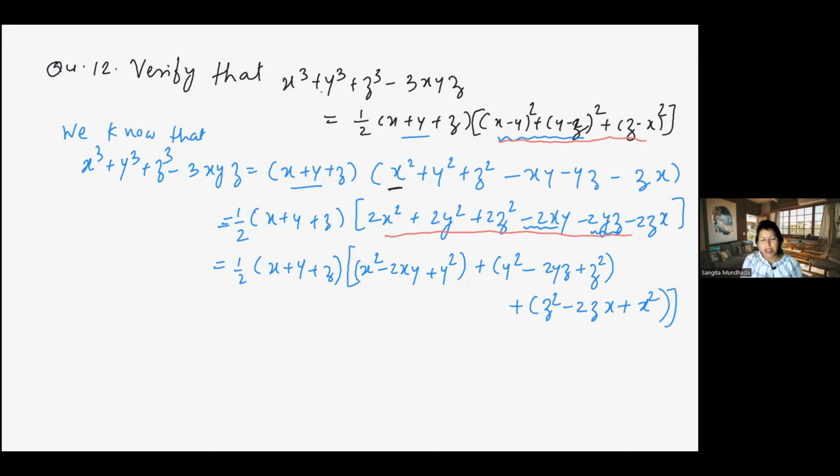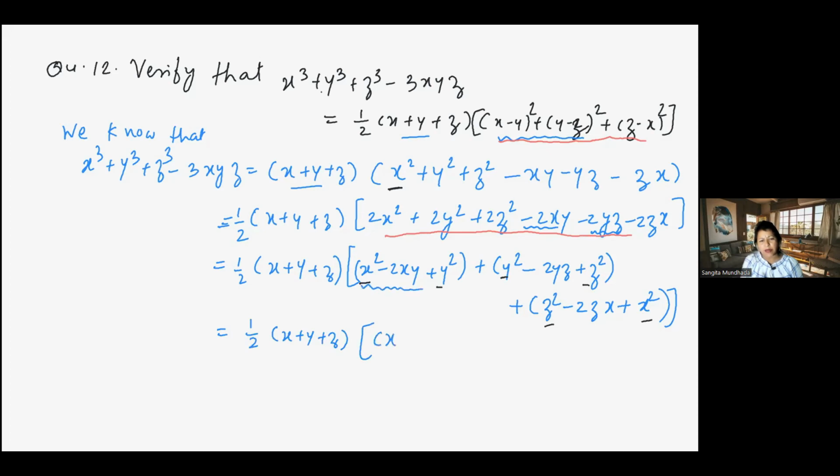Clear? In place of this x square I write like this way, 1x square here and 1x square here, 2x square, 1y square, 1y square, 2y square, and 1z square, 1z square, 2z square. Okay, so now if I observe carefully, I understand half into x plus y plus z in another bracket. This is the identity a minus b square.